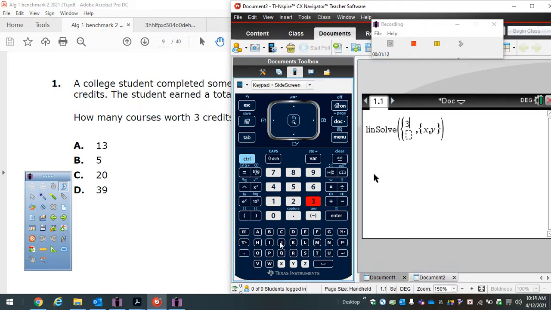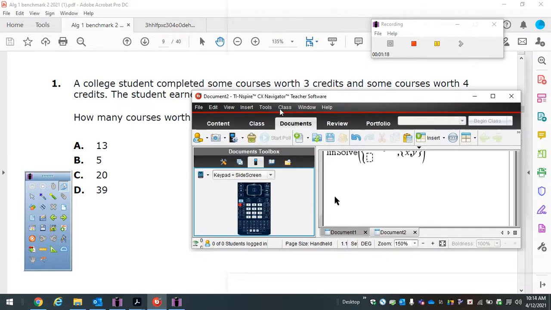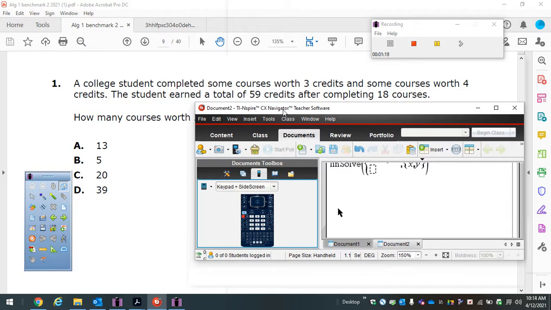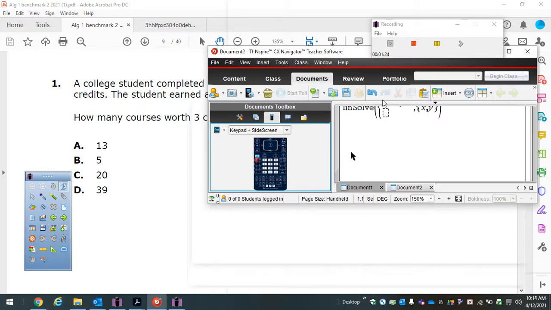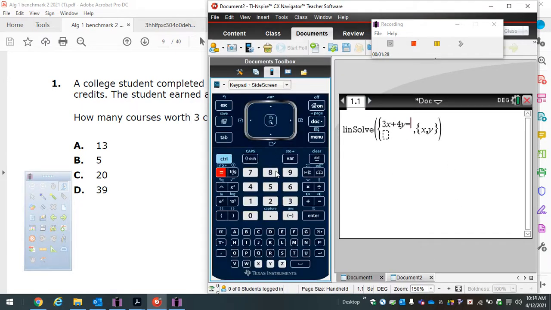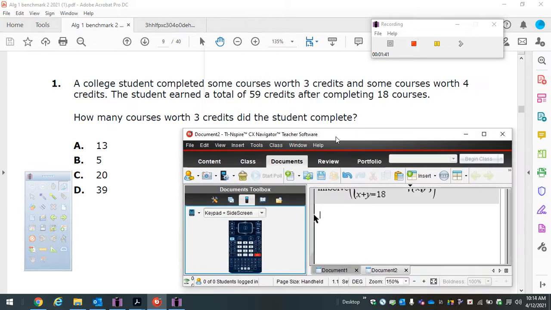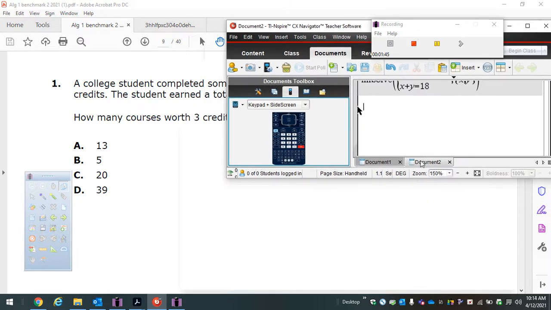I think it's 3x plus 4y equals 59, and then x plus y equals 18 courses. 13 and 5. I'm going to go with 13 and 5.